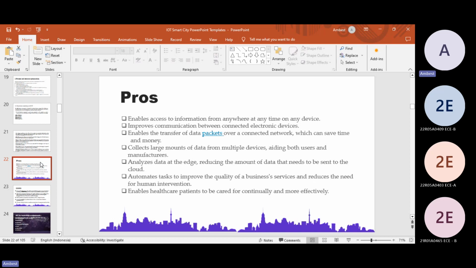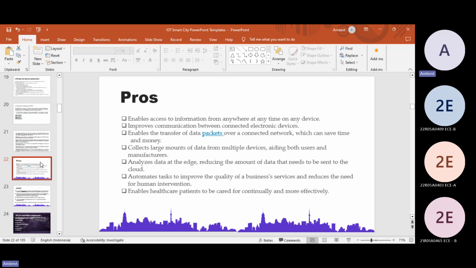The other thing is that the task automation is a very big advantage. The improvement of quality would be faster at any time, and also it reduces the need of human intervention, as I had just mentioned before. This IoT doesn't require any human to human interaction or human to machine interaction, so it's built in there.